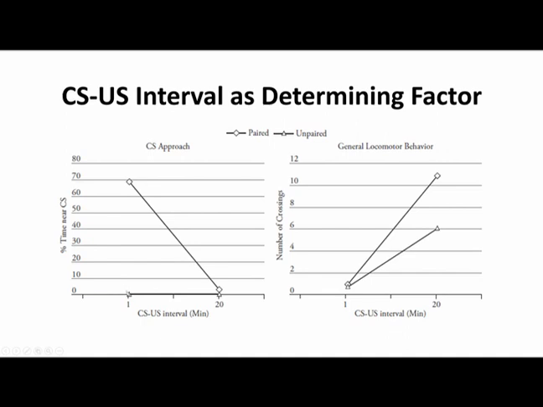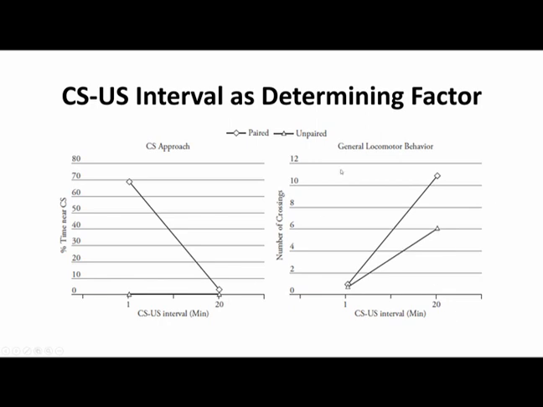So if they knew that the unconditioned stimulus was coming soon, they would approach and stay in the area of that conditioned stimulus. Whereas if it was a 20-minute interval, they spent very little time in the area around the conditioned stimulus. So they wouldn't go and sit next to the block. They would do something else.